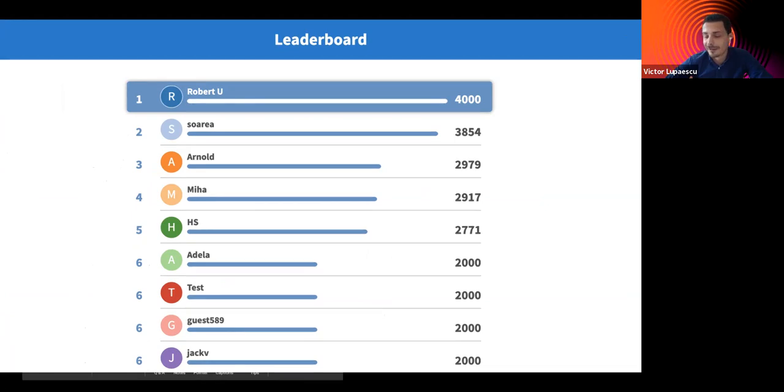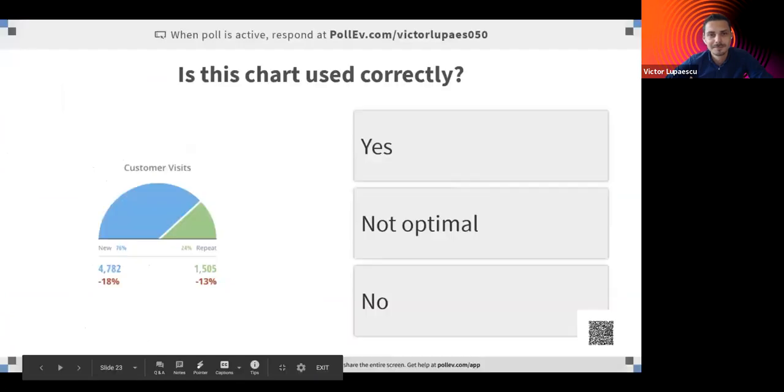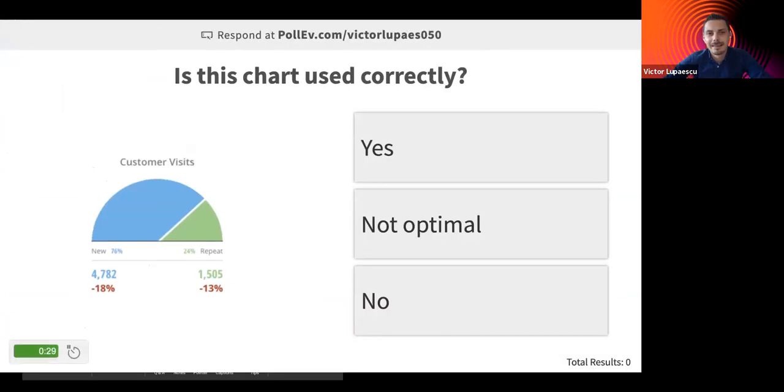Robert, you're doing really great. I see you've answered correctly to all 4 of them. Next one: is this chart used correctly?